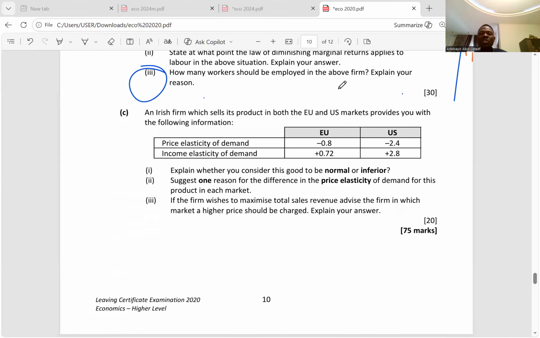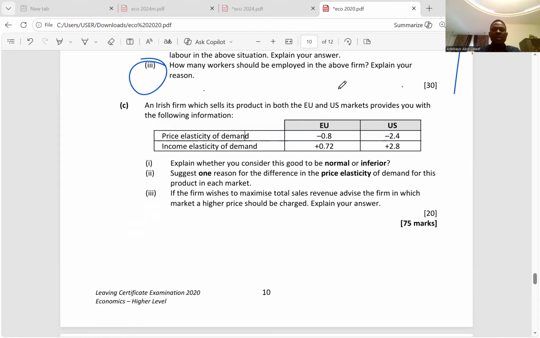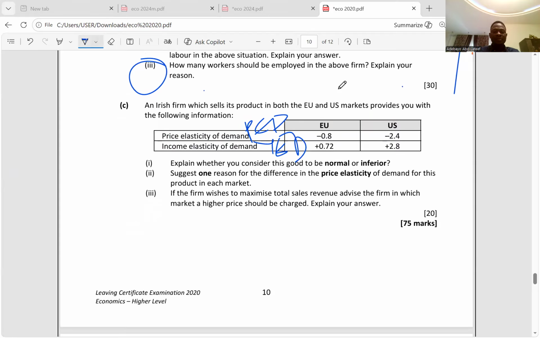Explain whether you consider this good to be a normal good or an inferior good. This is PED and this is YED. For YED, we talk about normal or inferior good. Based on what we have here, the YED is positive, and a positive YED is a normal good. So it is a normal good for question C, Roman figure 1.